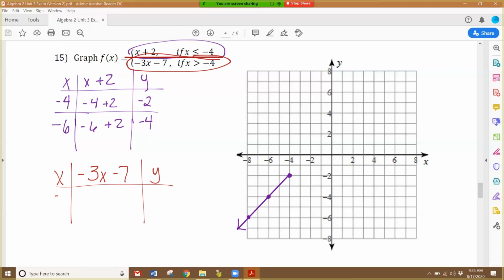I'm going to go to -3. If I take -3 times -3 minus 7, well, -3 times -3 is 9. 9 minus 7 is 2. So I'm going to graph the ordered pair -3, 2.